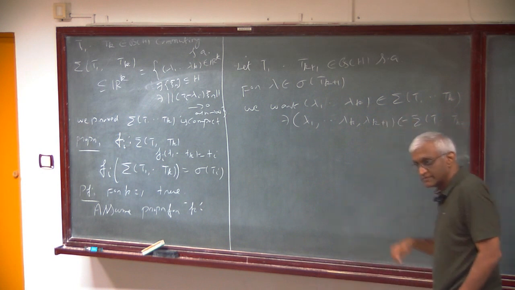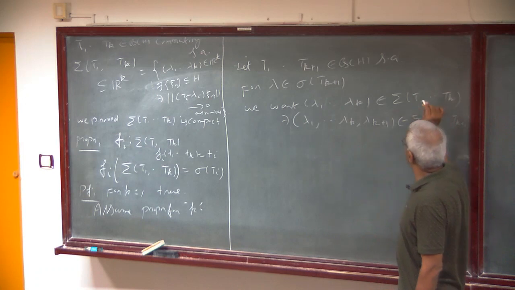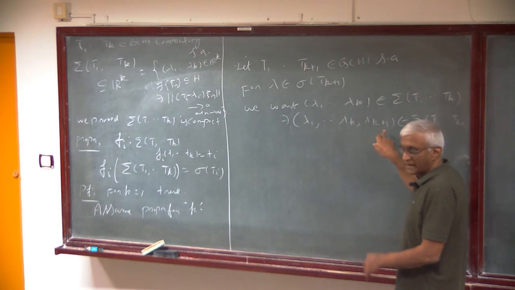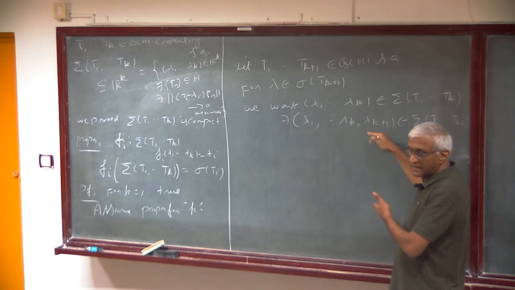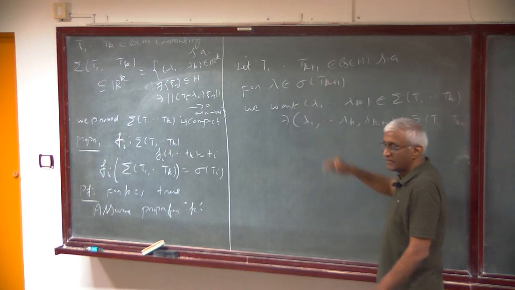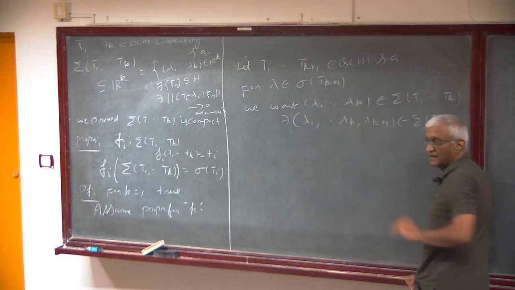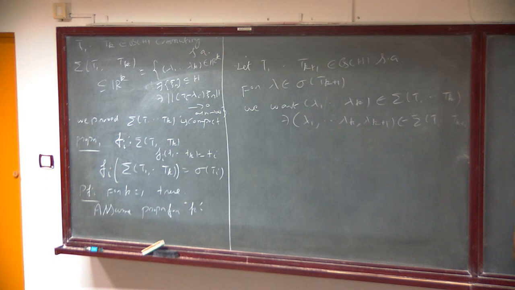This is what we want. We want to prove that the projection of this joint spectrum onto the k plus 1 coordinate is the spectrum of Tk plus 1. To prove that, if there is a lambda, we should exhibit something in this set so that when you project, you get this.